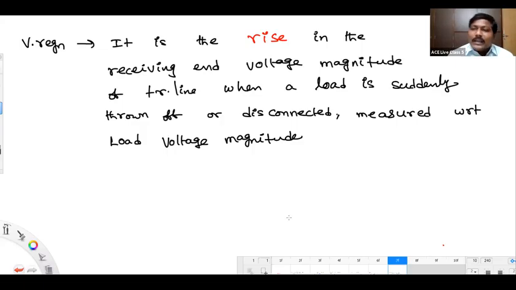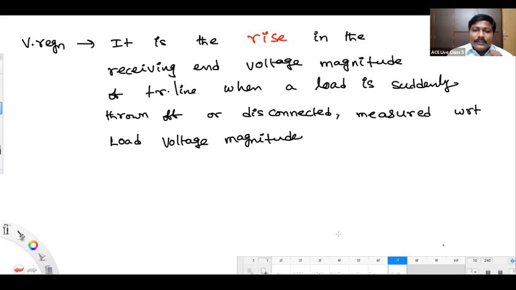So according to this statement, which is case 1 and case 2? With load, without load, you have two cases. Which is case 1 according to the definition? Obviously, it is with load.